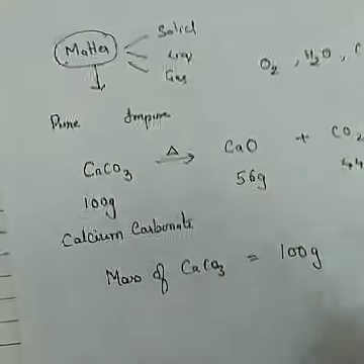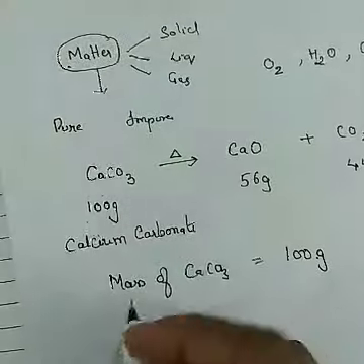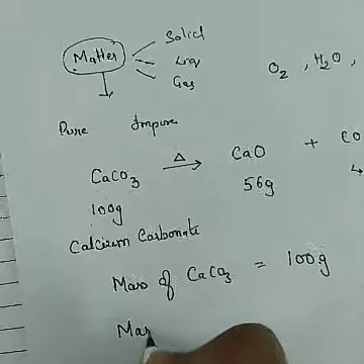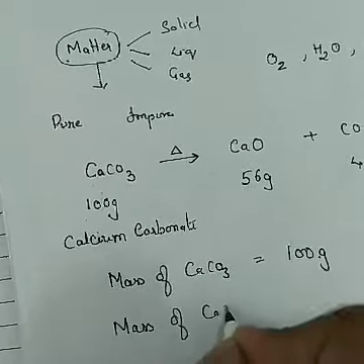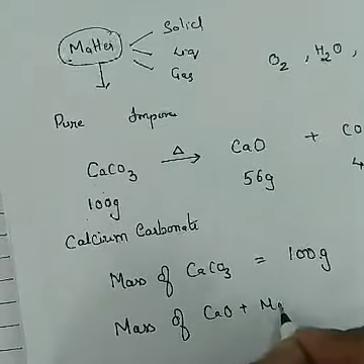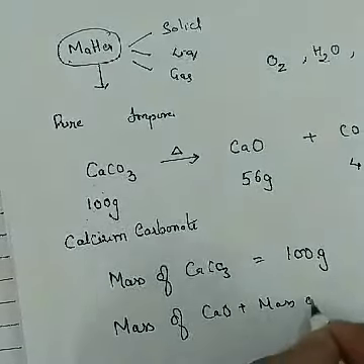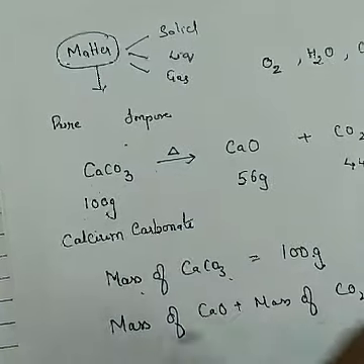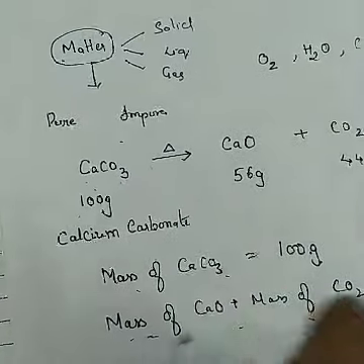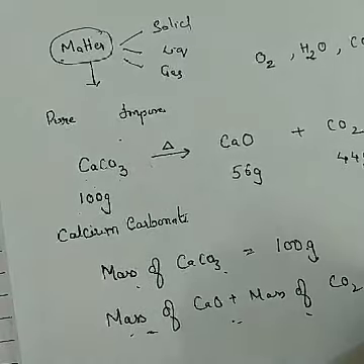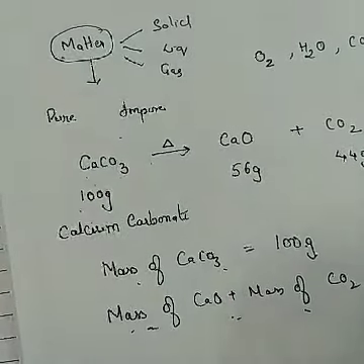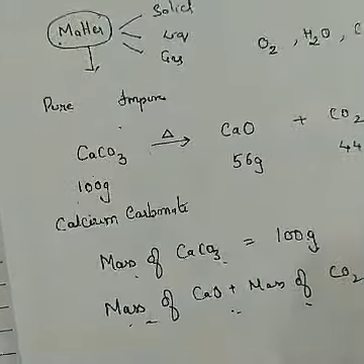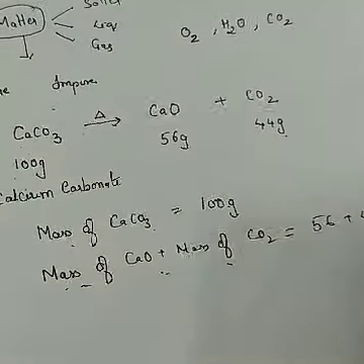You heat it, then it decomposes into calcium oxide plus carbon dioxide. We call this the reactant and this the product. So the mass of reactant is 100 and the mass of products, calcium oxide and carbon dioxide, is 56 plus 44, which also equals 100 grams.